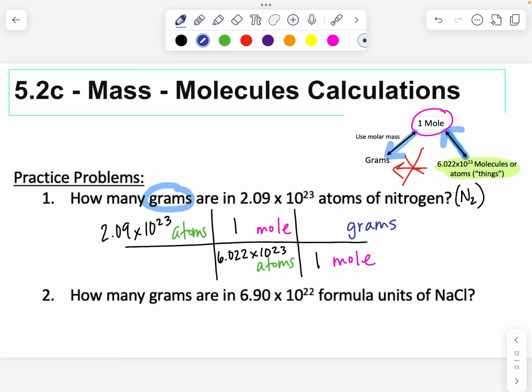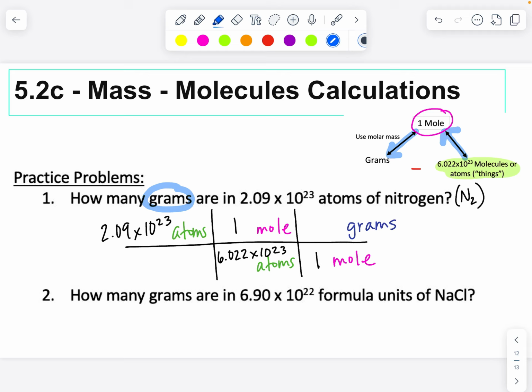Okay, so I have followed my map. I'll erase this so we can follow through again. I've started with atoms and I went to moles. That was my first step. Then I went from mole to grams. So each section on our train track is going to be one step in our problem.